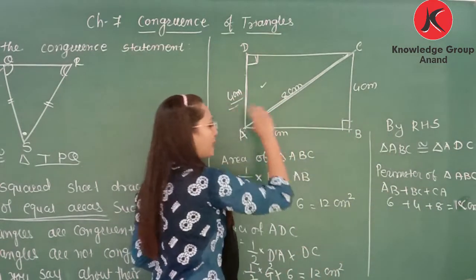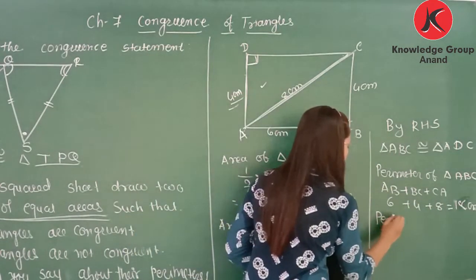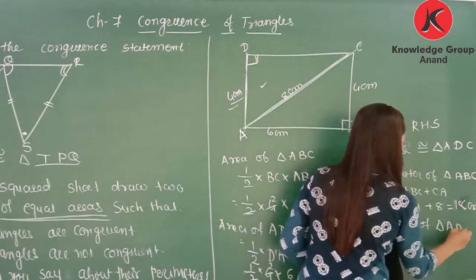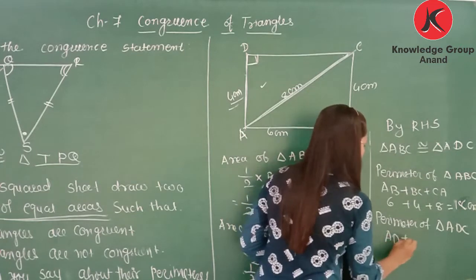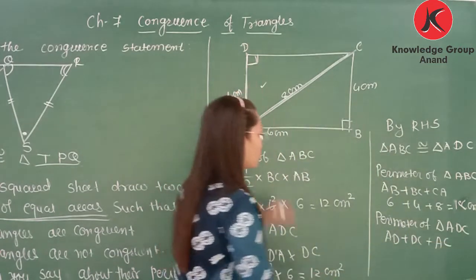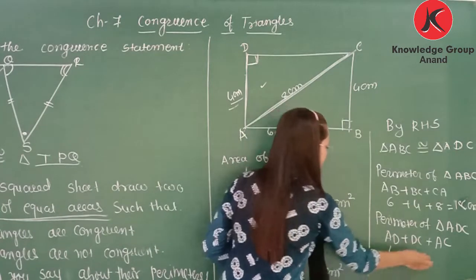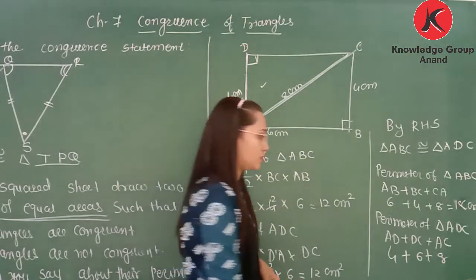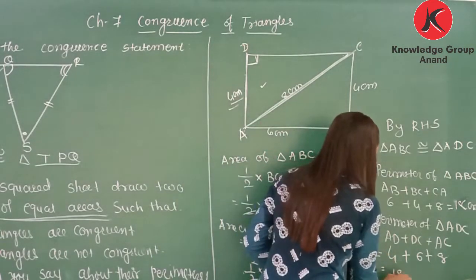Same, find the perimeter of triangle ADC, that is AD plus DC plus AC. Now here AD is 4 centimeter, DC is 6 centimeter and AC, that is the common side, is also 8 centimeter. So the total is 18 centimeter.